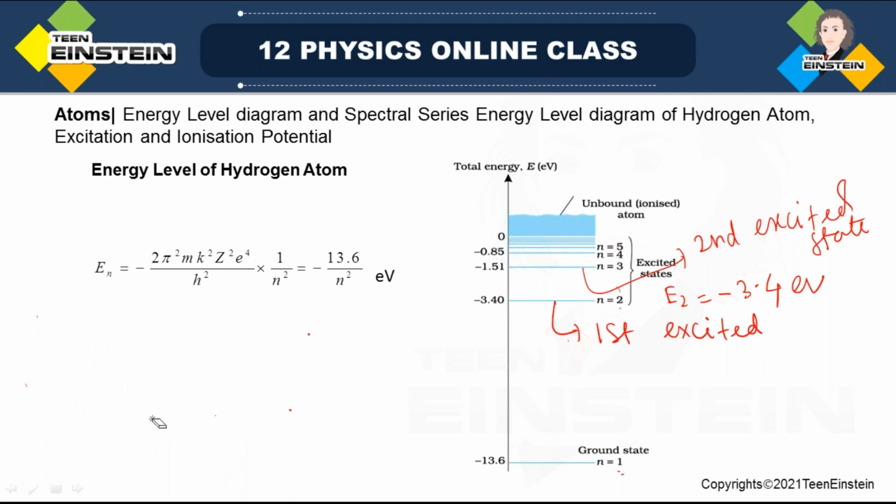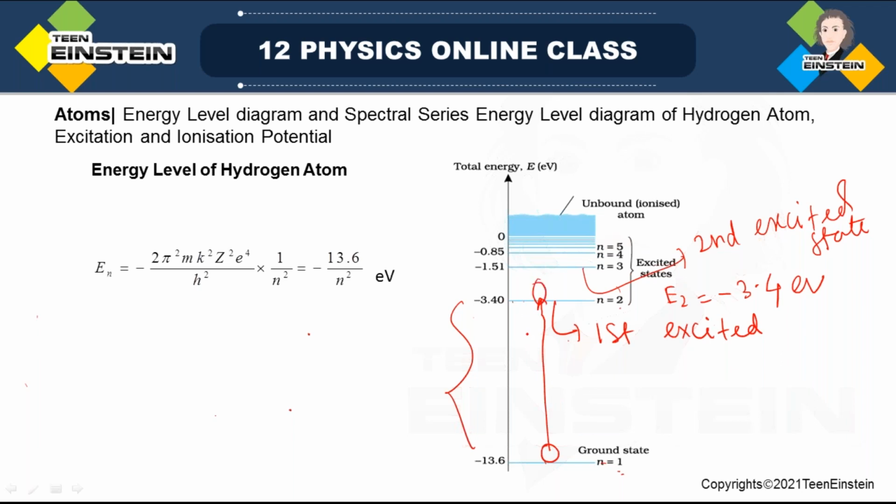But only when it is given certain energy in terms of heat or whatever, will it have energy more than minus 13.6. If by chance the energy becomes exactly equal to the difference between the first excited state and the ground state, then the electron can make a transition up to this level.